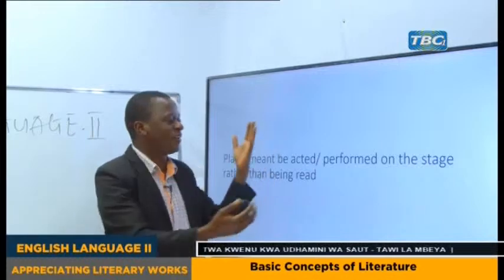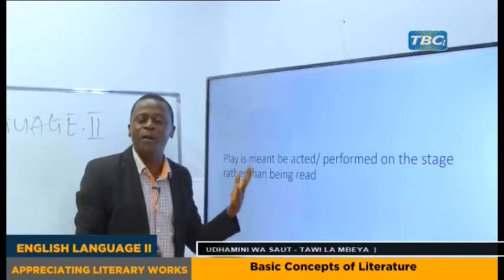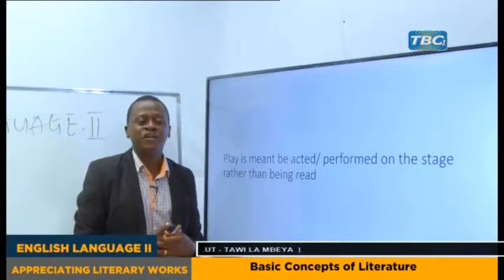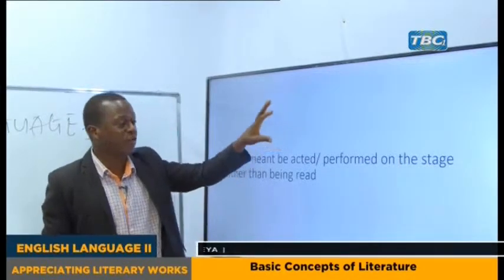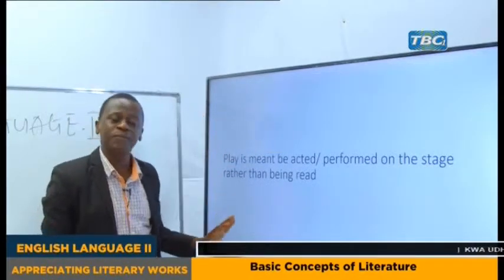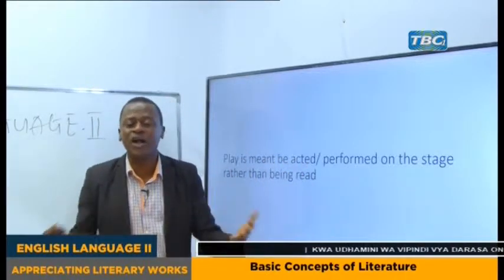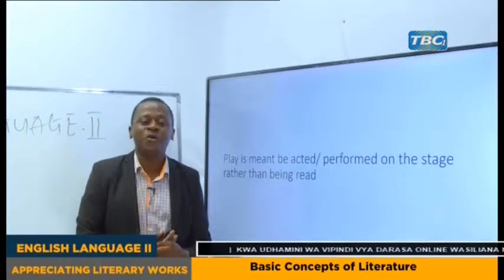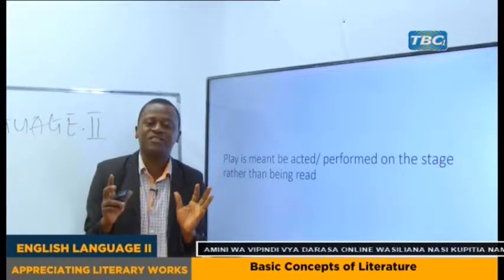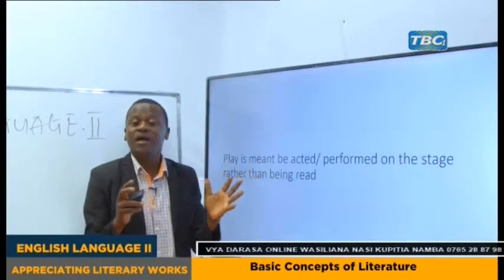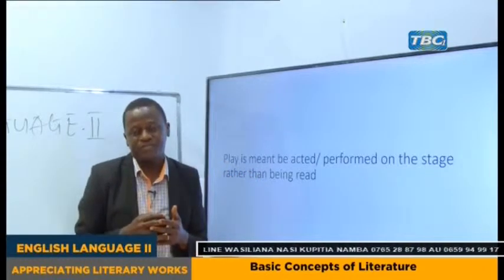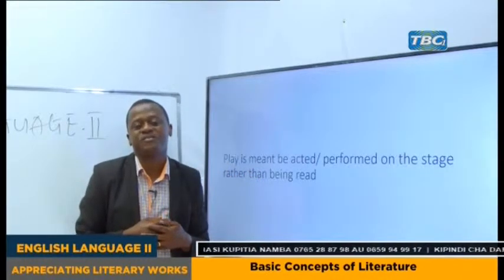You take the names of Jerry, Muriri, Jasper, Mosese, then take the words from Mosese, from Jerry, from Muriri, from Nina and Doga, then you perform it on the stage or in your class. So the way a play is organized can be acted on the stage before the audience.